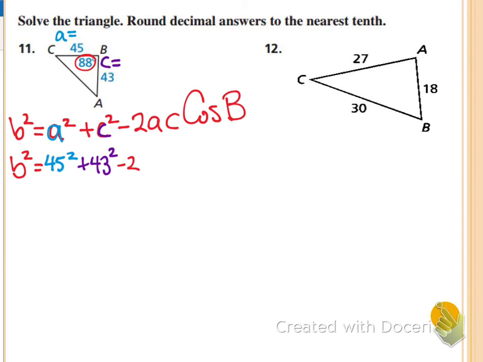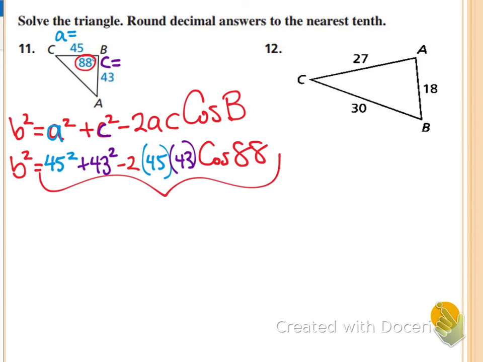Minus 2 times 45 times 43 cosine of 88 degrees. So remember, everything is filled in, so we can just type all of that in our calculator. 45 squared plus 43 squared minus 2 times 45 times 43 cosine of 88.